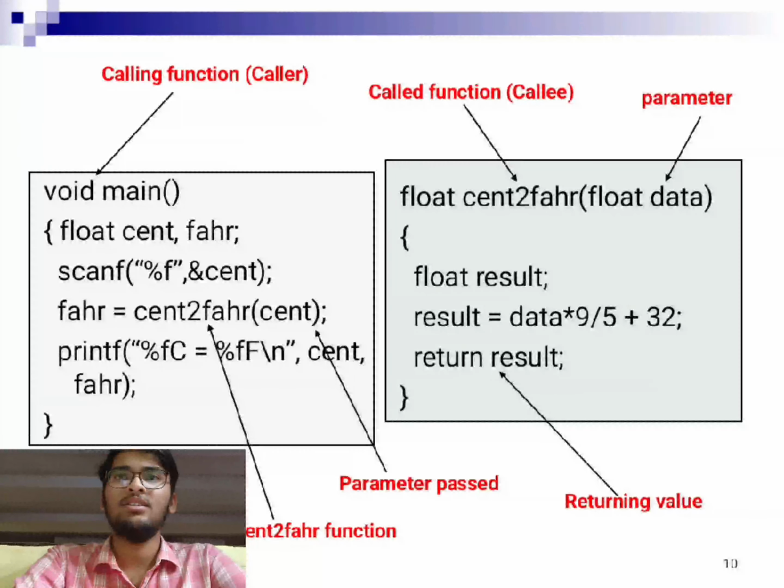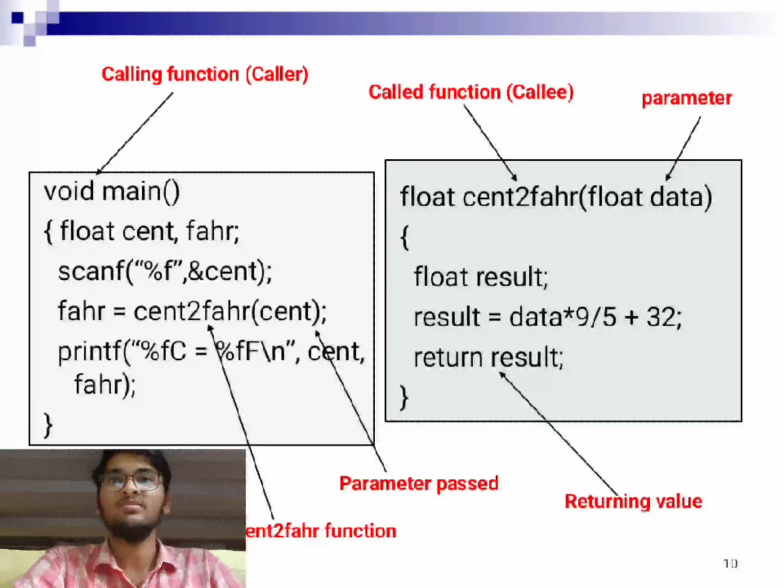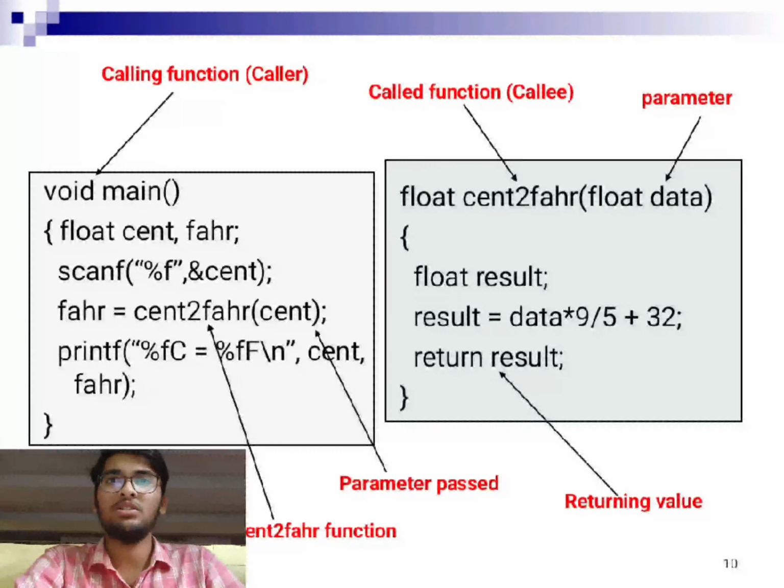Let us see a code for a calling function and a called function. Here float cent, Fahrenheit. Float is the data type. scanf, reading and storing the value of cent. Fahrenheit FAHR is equal to, meaning assigning, cent 2 into Fahrenheit of cent.